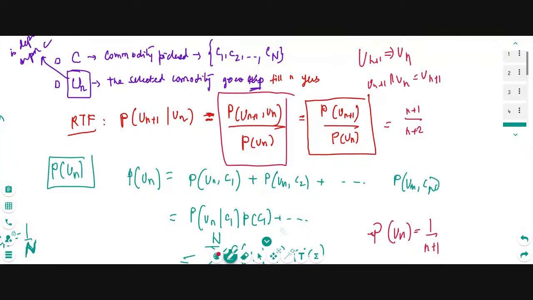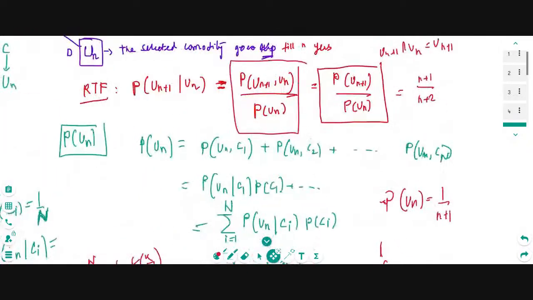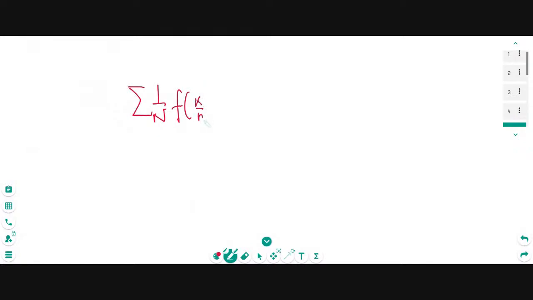Coming back to the Riemann integration part, let me explain it once again. The summation of 1 by n, f of k by n, k from 1 to n, limit n tends to infinity, is equal to the integration from 0 to 1 of f(x) dx. Why is this true? This is very simple.